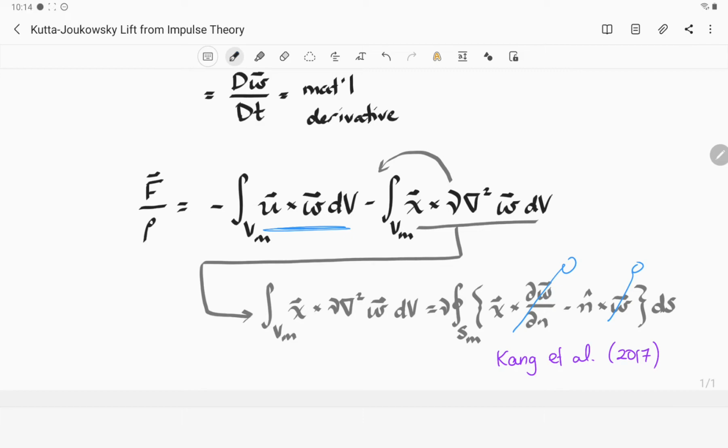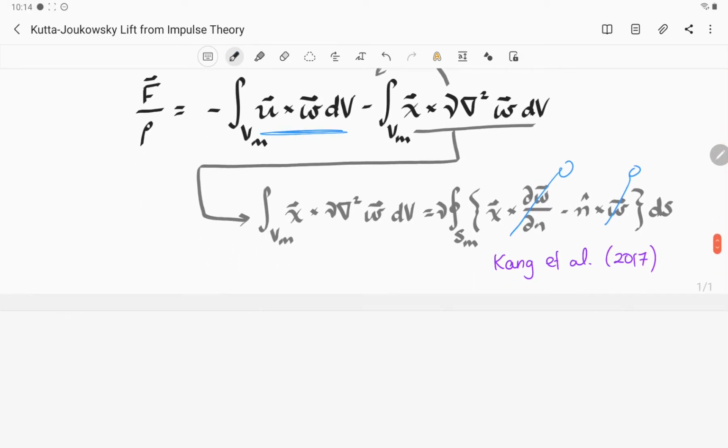So now to continue, it will be convenient to define the velocity such that it is the sum of the free stream velocity plus some disturbance velocity, which we'll call u prime. Or perhaps it's better to describe it as the velocity in a moving frame of reference.